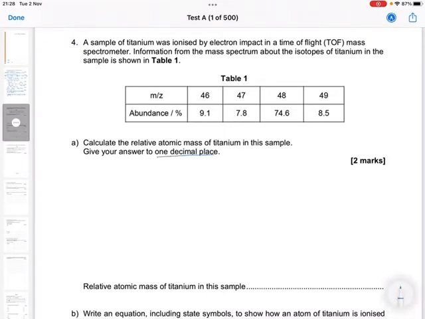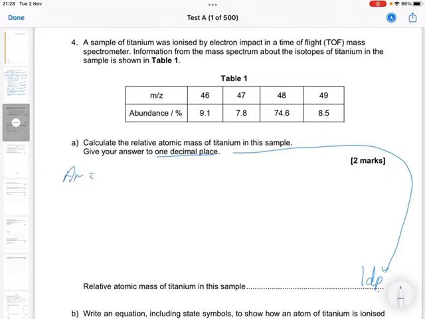Now, this is often forgotten, and what I would suggest you do, as soon as you read that, is give yourself a little reminder down here that you need to write your answer to 1 decimal place. And then from here, we're working out the relative atomic mass.